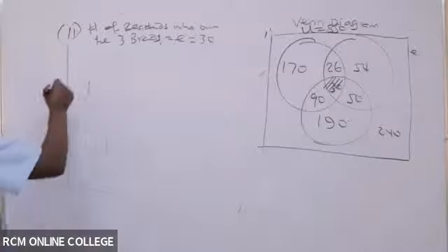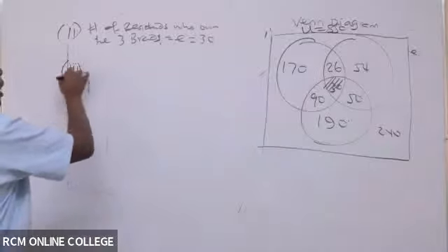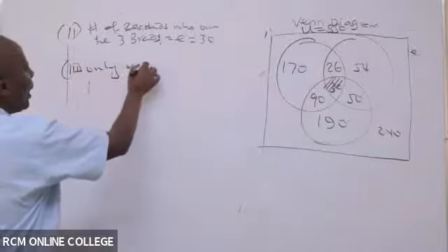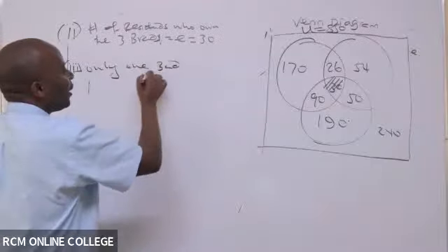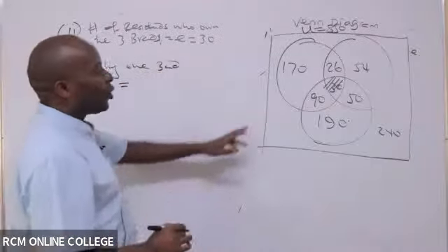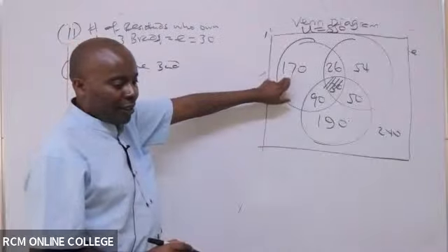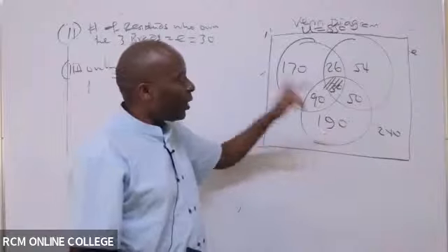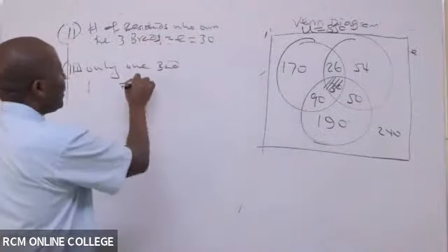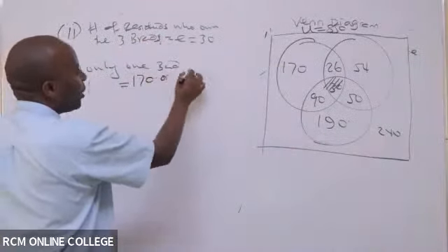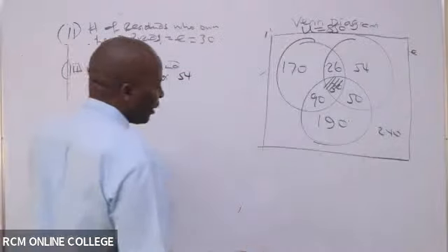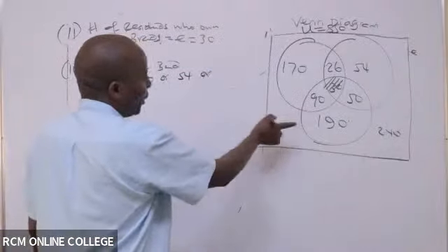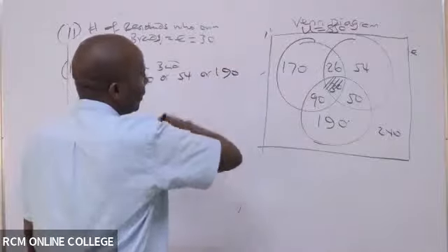Now from there, they want number 3, only one brand. So this will be the guys who are here, or here, or here. It is 170, or the ones who own Toyota only, or the ones who own Honda, 190.